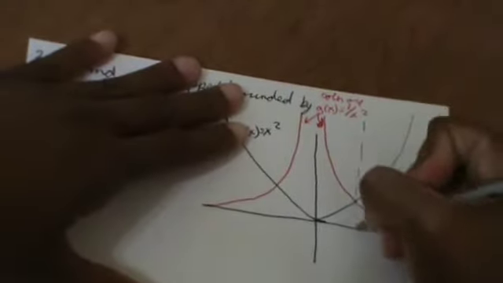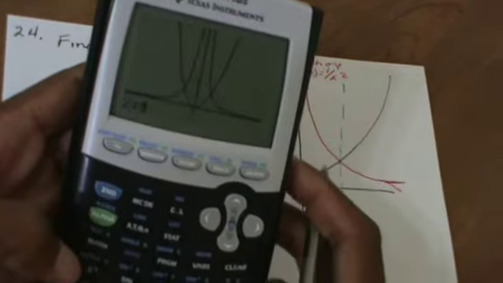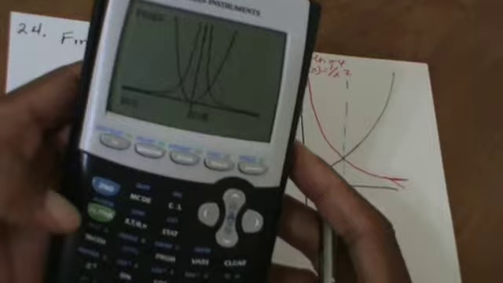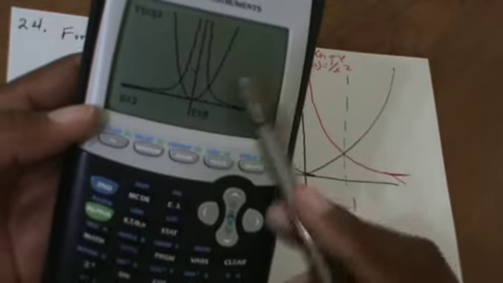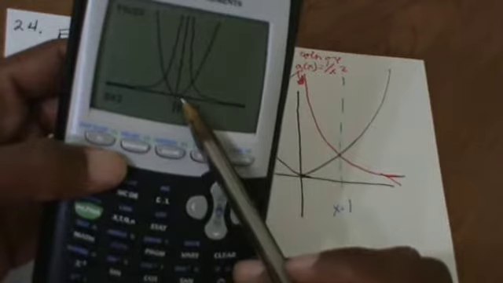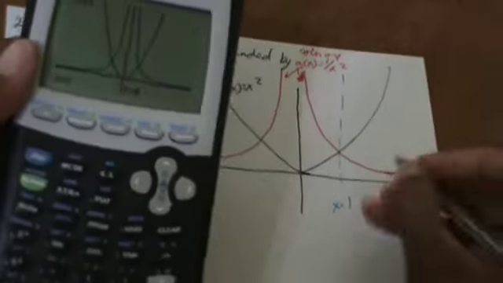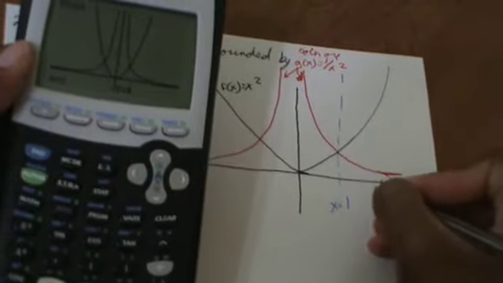And then they're also saying what happens at x equals 3. So second calc, number 1, plug in 3. And it's not showing it to me, but we can either change the window, or else you can see that if this is 1, that's 2, that's 3. It should be somewhere over here. So this is x equals 3.